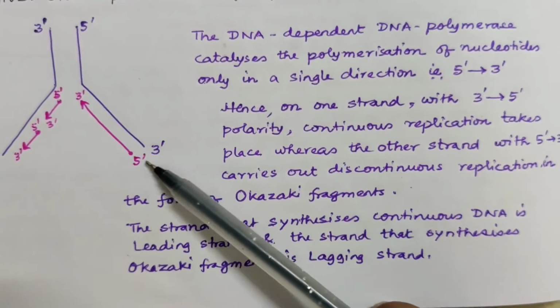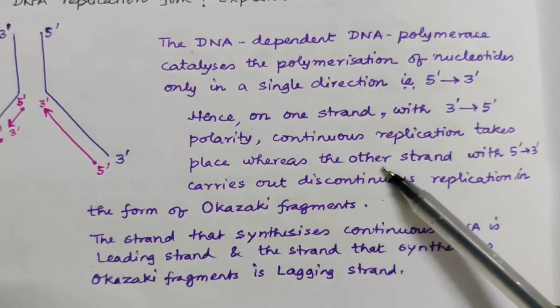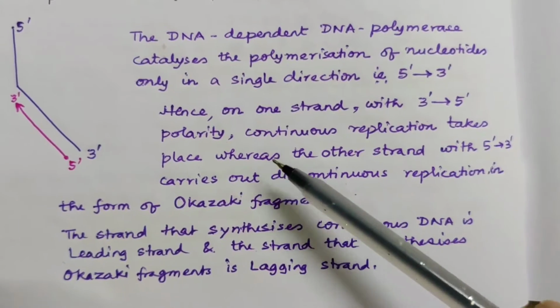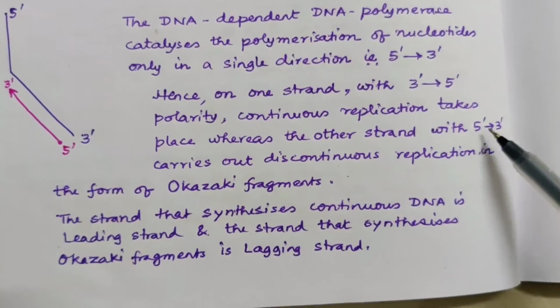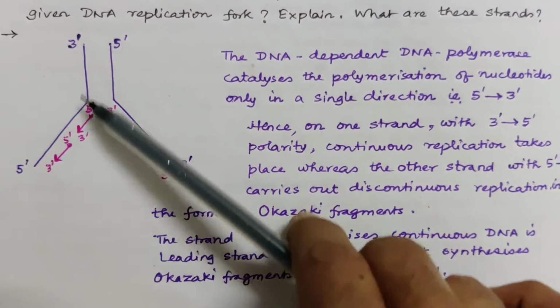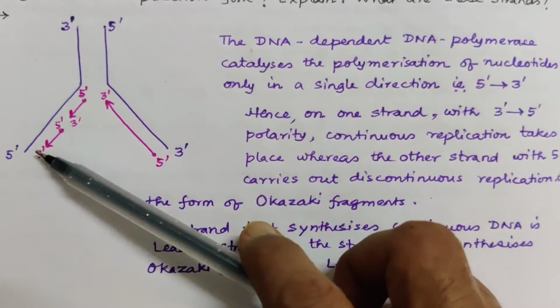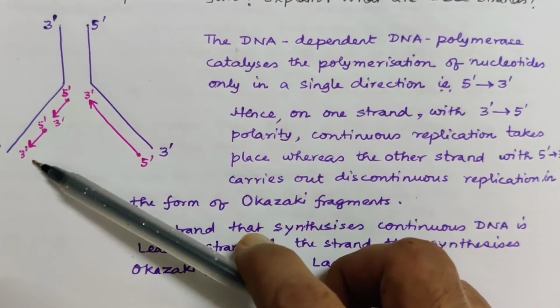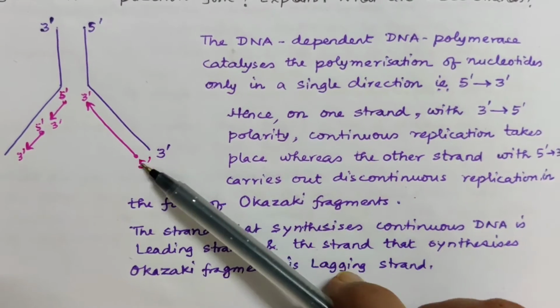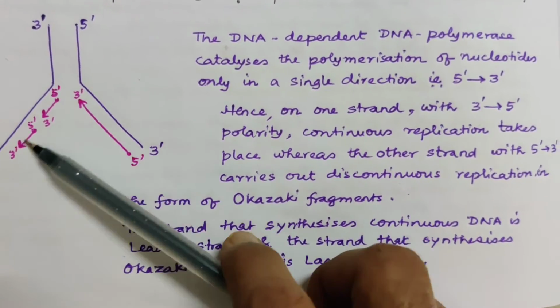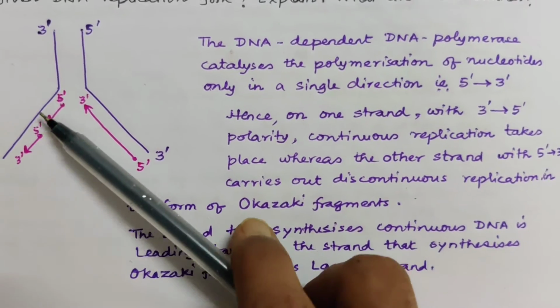3' to 5', the polarity is continuous, whereas on the other strand with 5' to 3', it carries out discontinuous replication. This is continuous, this is discontinuous. You have noticed the difference. So that's it.